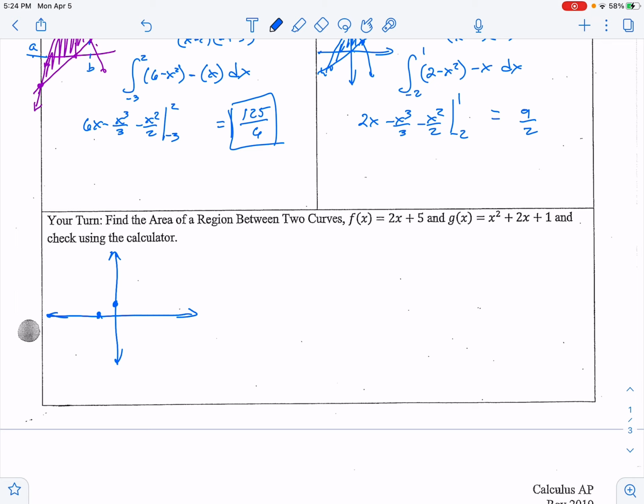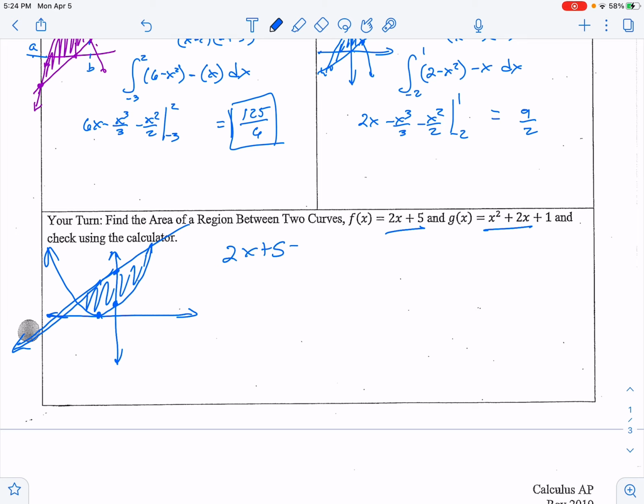Good. So I've got a parabola doing this. Is that right? Probably not. Yes, probably is. And then I have a line, 2x plus 5. Slope has to be 2. So I'm doing this. So this is the one on top. This is the bottom. I have to find my intersection.